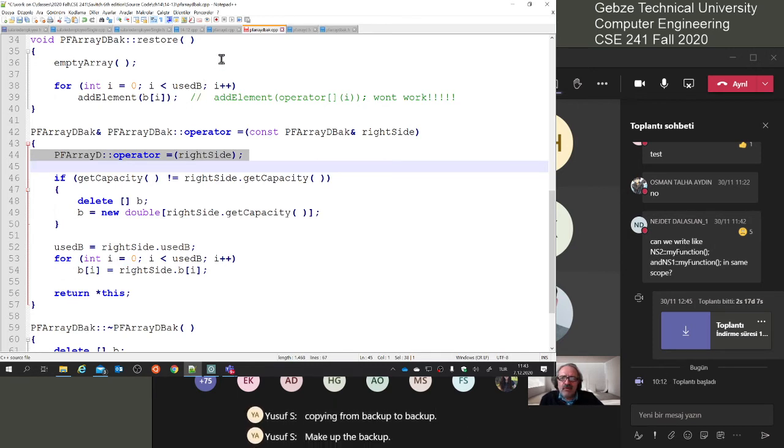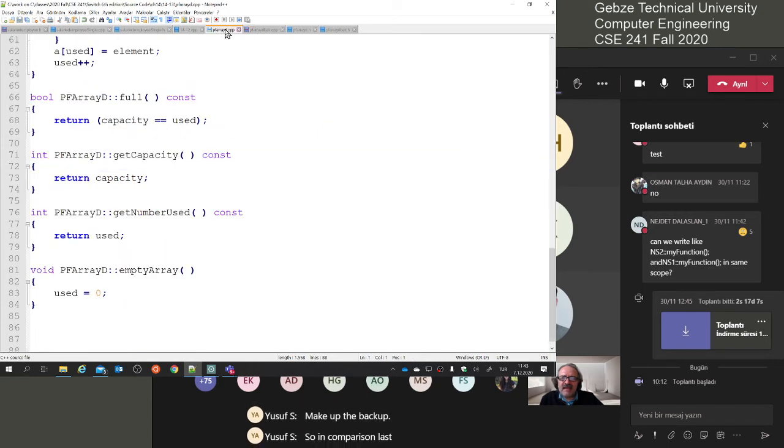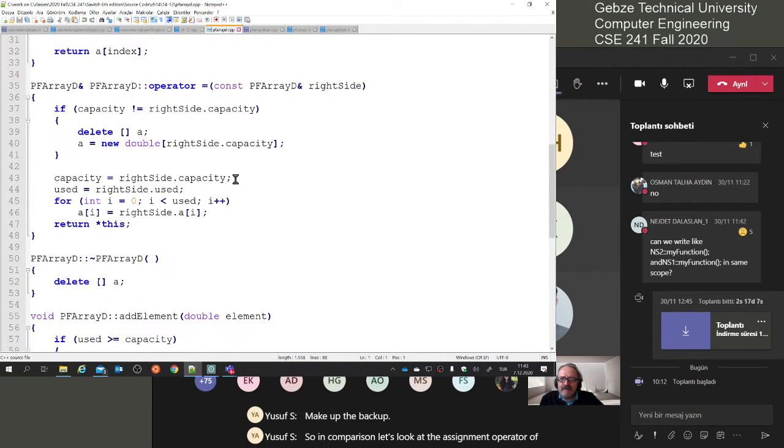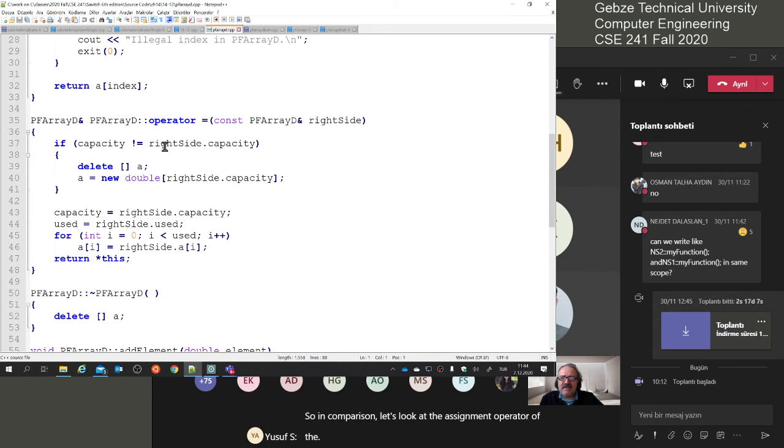So in comparison, let's look at the assignment operator of the base class. It is here. It says that, okay, if right side capacity is not the same, it is almost doing the same thing.